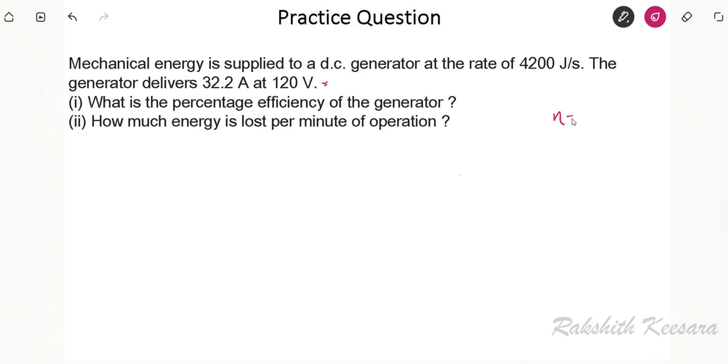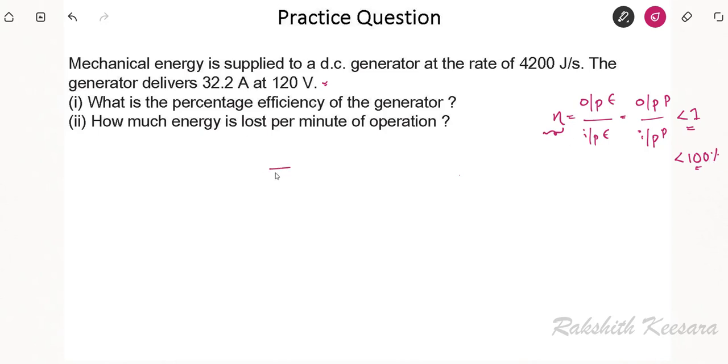Here the efficiency is defined as output energy by input energy, and energy is nothing but rate of power flow. So I can also write this as output power by input power. This is the formula for efficiency, and it is always less than 1. If I need to write in percentage, it is always less than 100%.